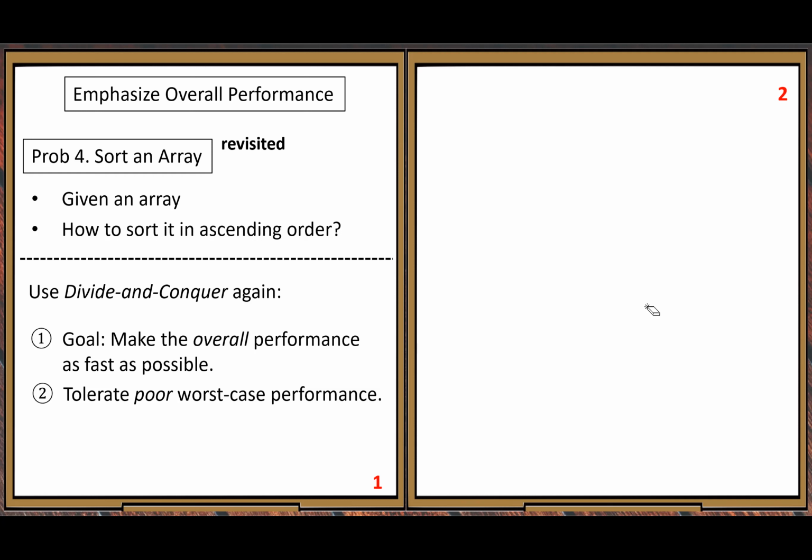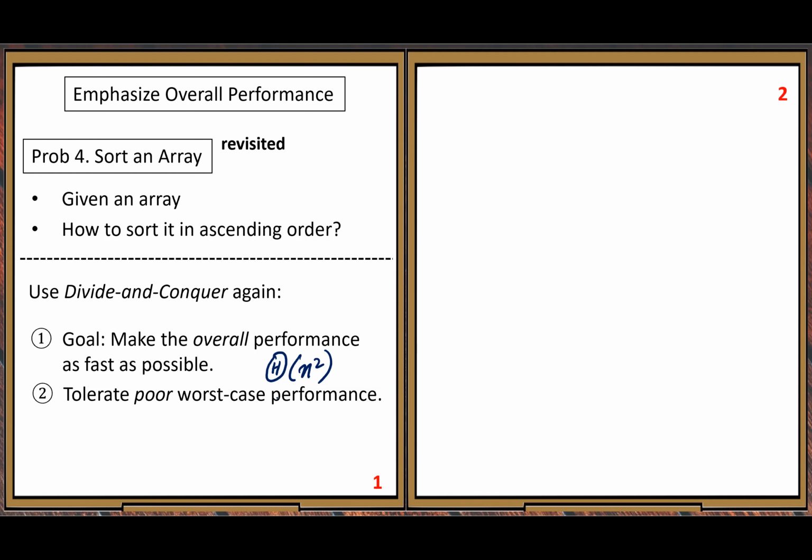Here, tolerate means its worst case performance is actually not very good. Let me say big theta of n squared.